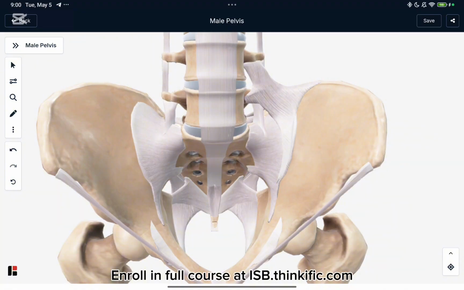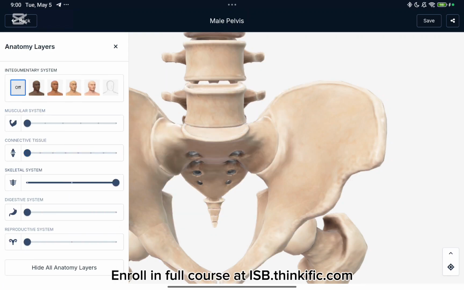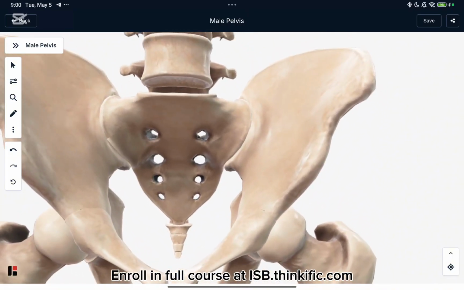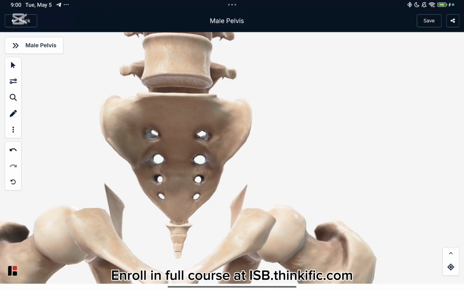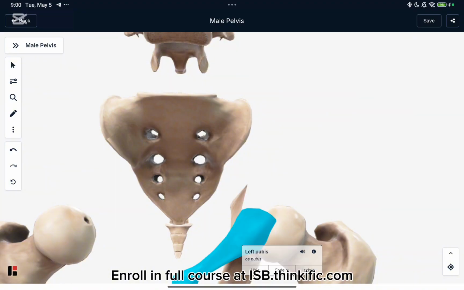Alright, I want to now talk about the sacrum. Let's remove the ligaments or connective tissue and let's see the sacrum. Here's the sacrum. I'm just going to isolate it on its own. That's our beautiful bone, the sacrum.